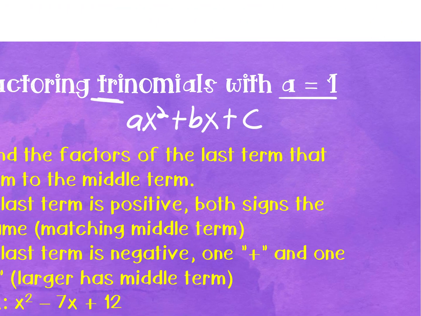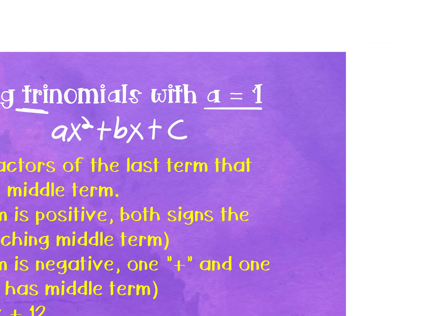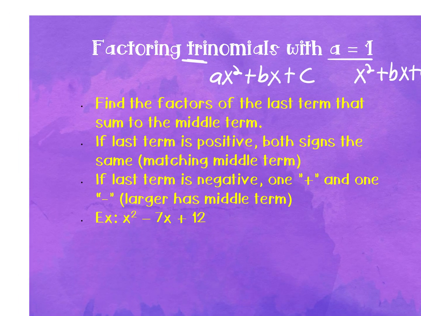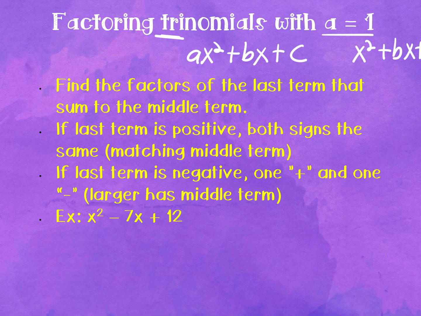When a equals 1, it's just going to look like x squared plus bx plus c. In these 2 expressions that I just wrote, what do you notice about the highest exponent? It's 2, right? We call these quadratic expressions. That's all we're going to focus on for this particular lesson.